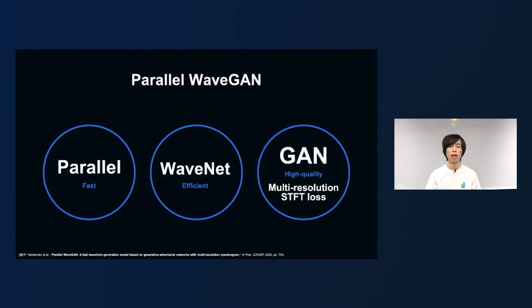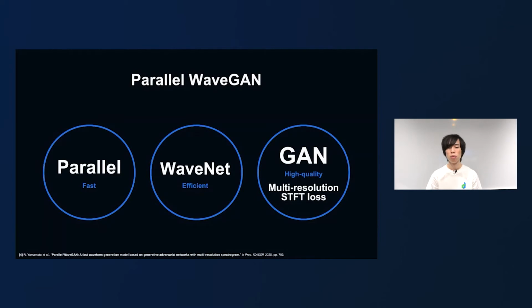The introduction became a bit long, but the research result is parallel WaveGAN. The name depicts how we solved the issues. First is parallel, a non-autoregressive model that enables fast speech synthesis. The second is WaveNet. We apply WaveNet, originally proposed as an autoregressive model, to a non-autoregressive model with a little modification.